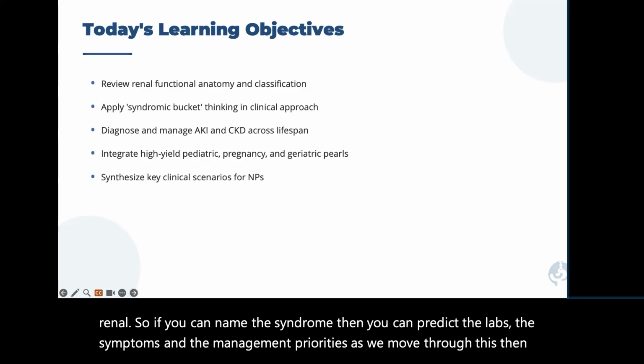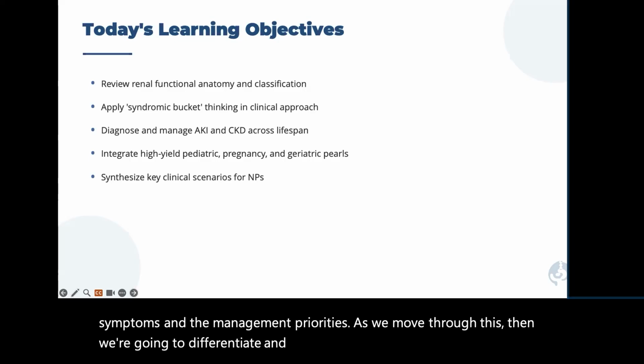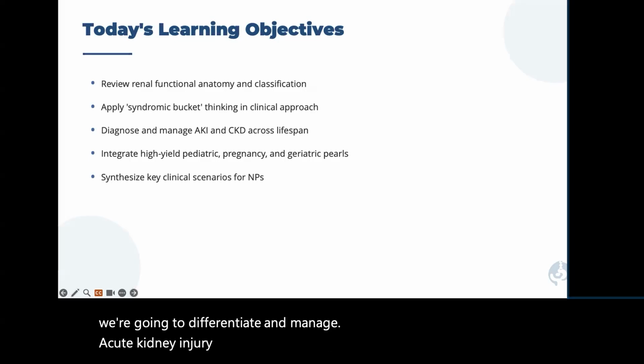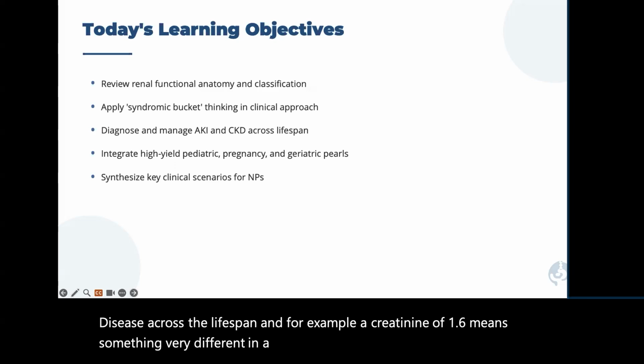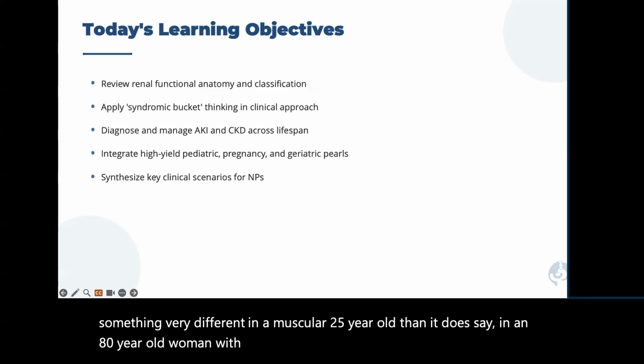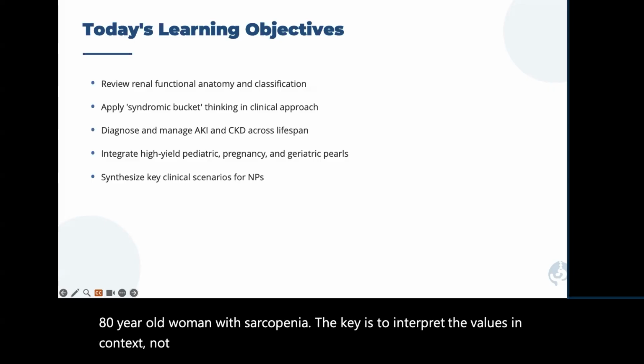Then we're going to differentiate and manage acute kidney injury from chronic kidney disease across the lifespan. For example, a creatinine of 1.6 means something very different in a muscular 25-year-old than it does, say, in an 80-year-old woman with sarcopenia. The key is to interpret the values in context, not in isolation.